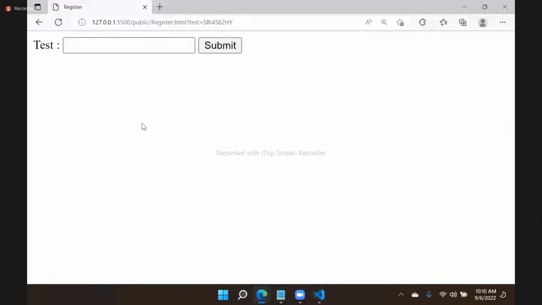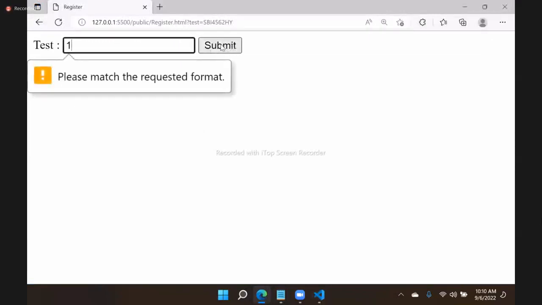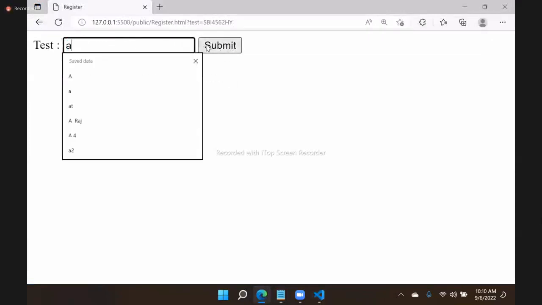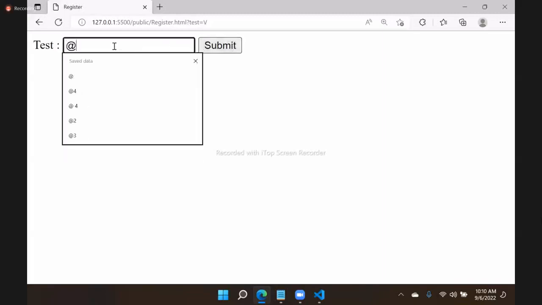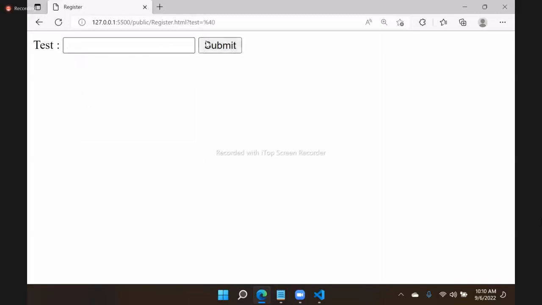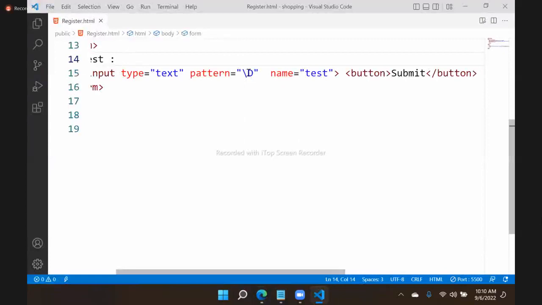So I will use \D. I am typing here 1, it's not allowed. I am typing A, it is allowed. I am typing uppercase V, it is allowed. I am using a special character, it is allowed. But a number is not allowed. And this indicates only one character.